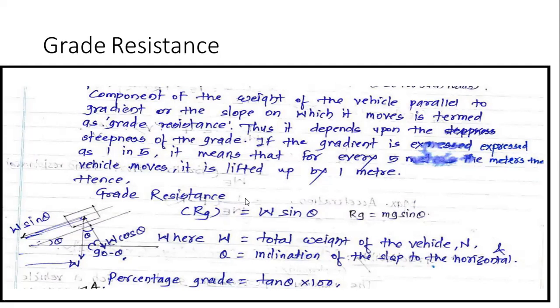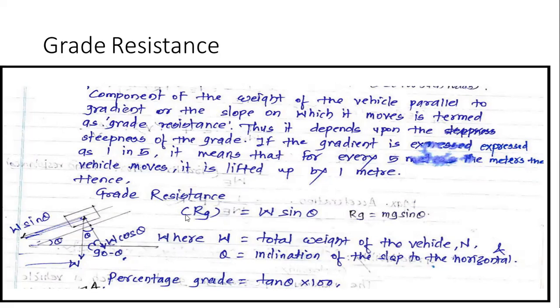So grade resistance is expressed as 1 in 5. It means that for every 5 meters the vehicle moves, it is lifted by 1 meter. So that we are going to check.